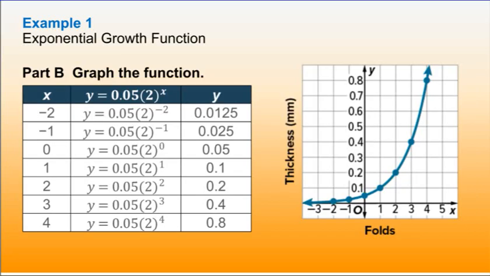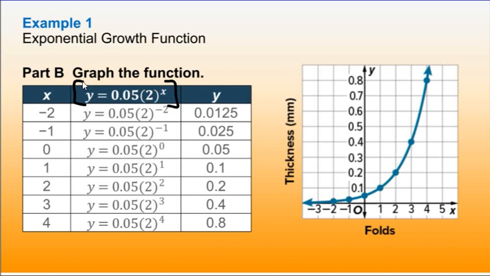Here the graph is already created for us, but you can see how they created the graph. They have our function right here, y equals 0.05 times 2 to the x power, and they chose some x variables. They chose both some negatives and positives. I would recommend using smallest numbers possible.